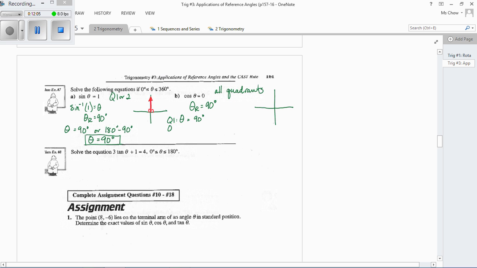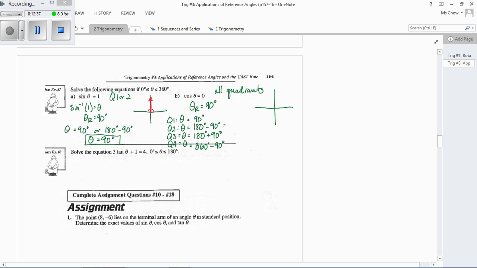If it's quadrant 2, then we know that theta would equal 180 degrees minus our reference angle, which is 90 degrees. If it's quadrant 3, we're looking at theta being equal to 180 degrees plus our reference angle, which is 90 degrees. And if it's quadrant 4, theta is equal to 360 degrees minus the reference angle, which is 90 degrees.